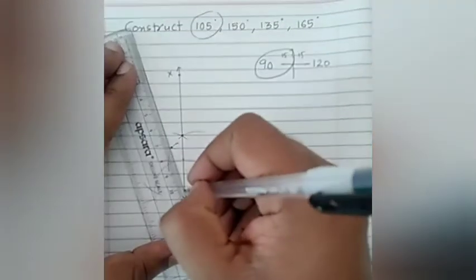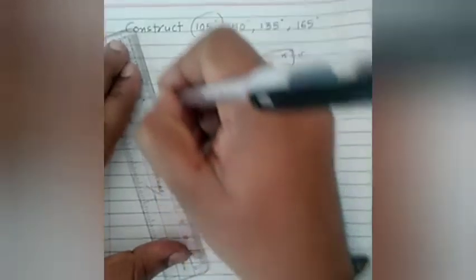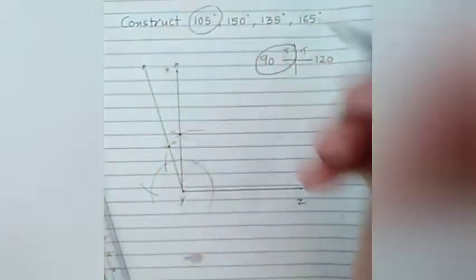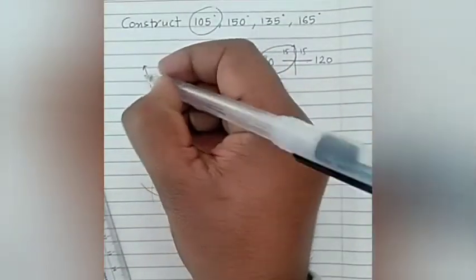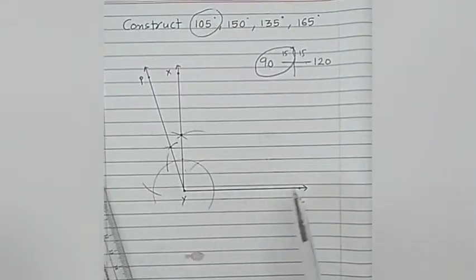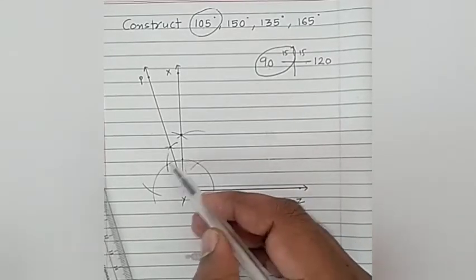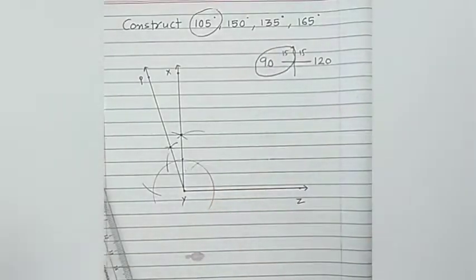So I draw a ray from the point Y to this, and let me name it P. So PYZ would be my 105 degree. So between 90 and 120, I got my 105 degree.